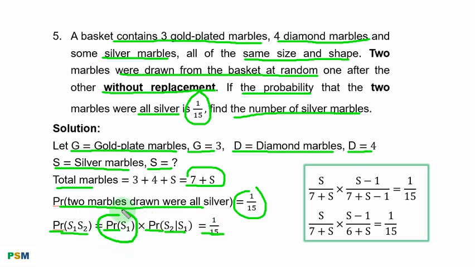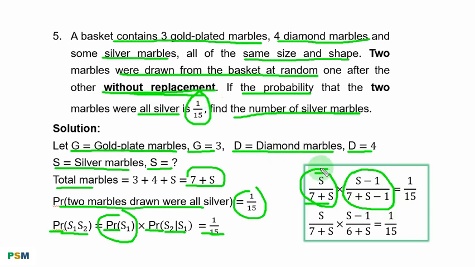When you come here, the number of silver marbles, you have S over total, which is 7 plus S for the first draw. Then for the second draw, because it is without replacement, the total will be affected.